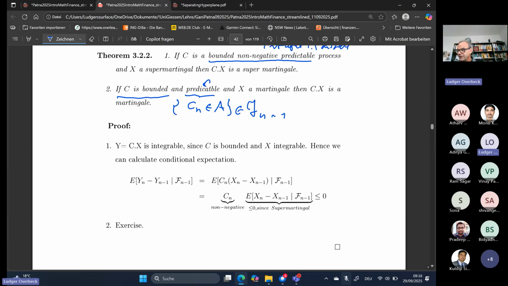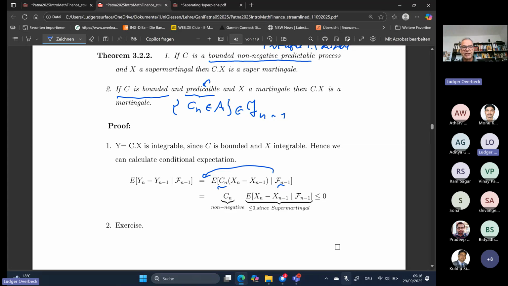And so we can calculate the conditional expectation, and if Cn is Fn-measurable, you can put it out. That's why I asked you about conditional expectation. You can put it out, and then you get a supermartingale. That's the proof of the supermartingale.